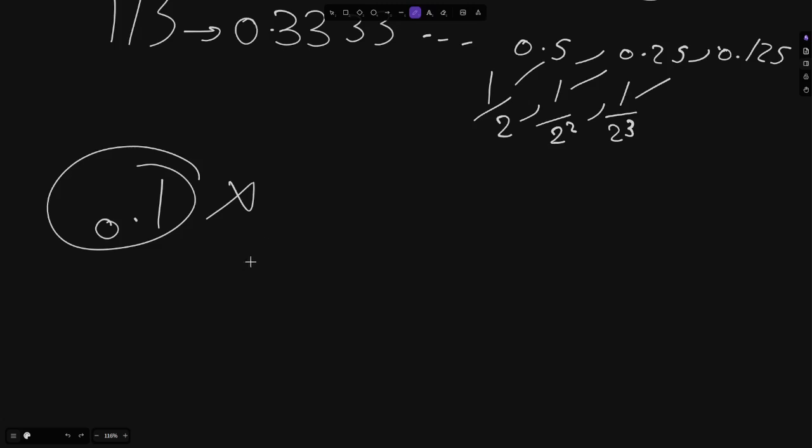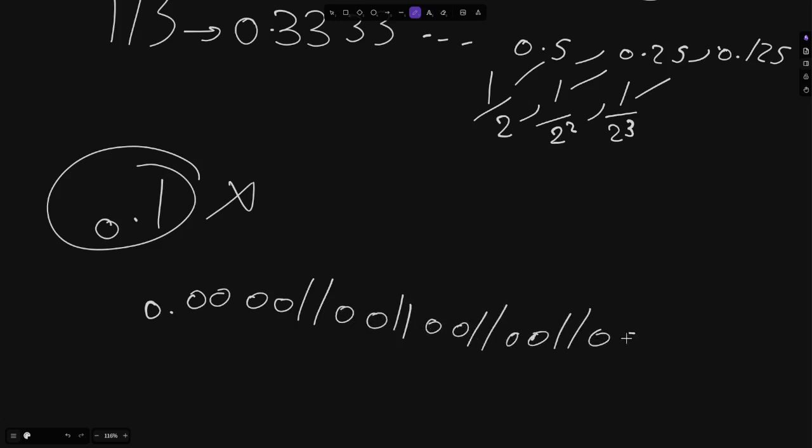If you try to write 0.1 in binary form, you will find it's 0.00001100110011000, and it just repeats 0011 endlessly. So that's repeating forever. How could a computer, even an old 8-bit computer, store a number like this? It seems almost impossible.